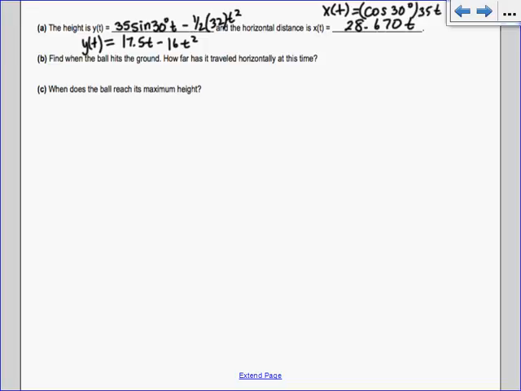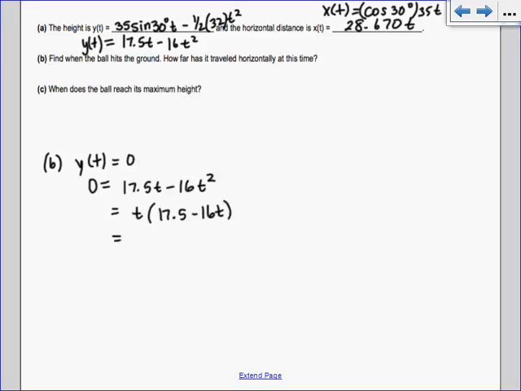Okay, so part B says, find when the ball hits the ground. How far has it traveled horizontally at this time? So when the ball hits the ground, that means that we want our y of t to equal 0. So we solve our equation. So we say 17.5t minus 16t squared. We can pull out a GCF of t. If we had an initial height in this problem, what we would have to do is use the quadratic formula.